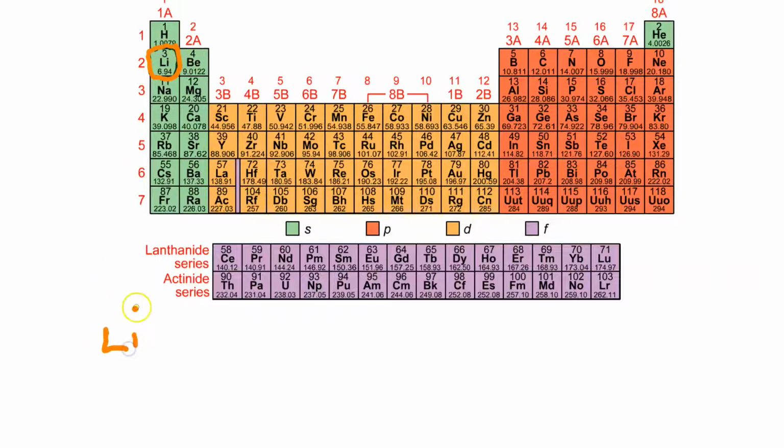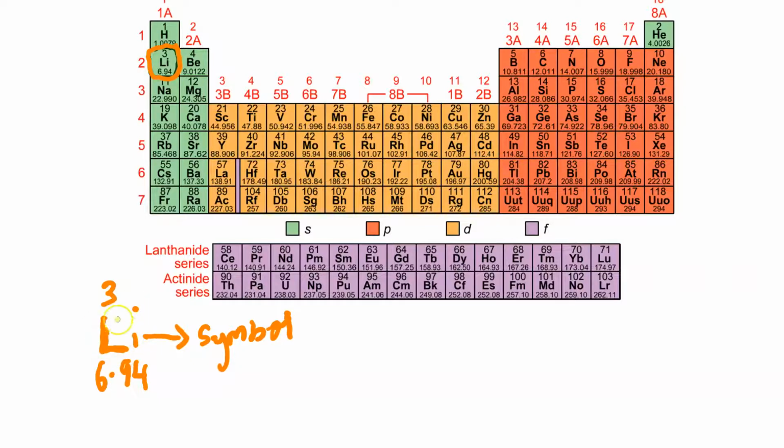Now you might wonder, how do I know it is lithium? If you have your periodic table in the back of your textbook, just have a look. You will learn it gradually, and it has got 6.94 at the bottom. This is the chemical symbol, and if you look here, the first letter is capital and the second letter is a small or lowercase letter.